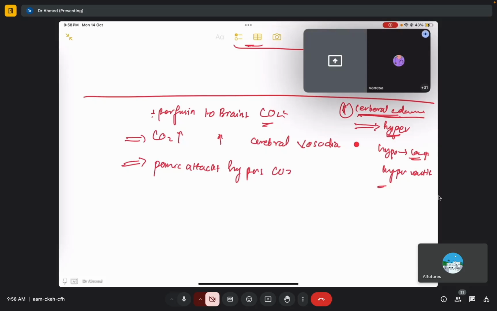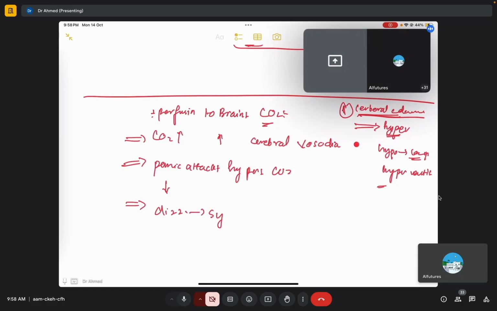So guys, what do you think will happen to the cerebral perfusion? Decrease. If we have decreased cerebral perfusion, what would be the outcomes then? Nausea, dizziness. Okay, you will be seeing dizziness, syncope, blurred vision.